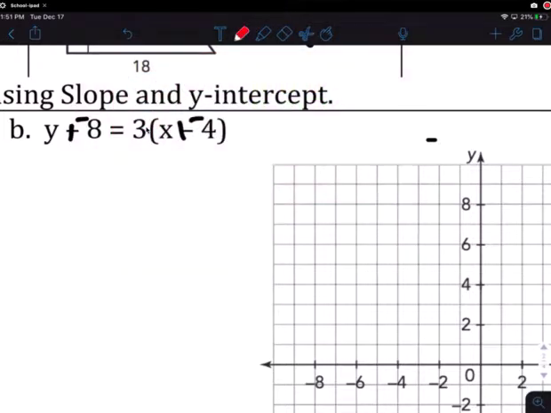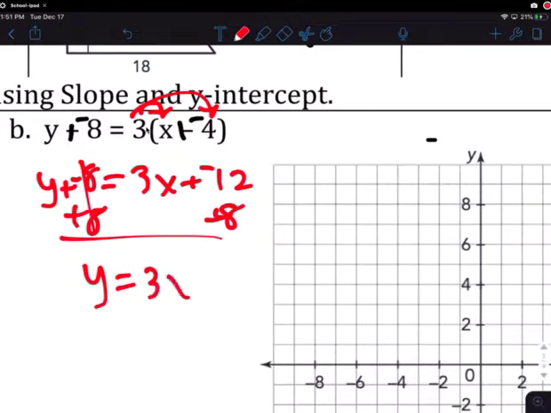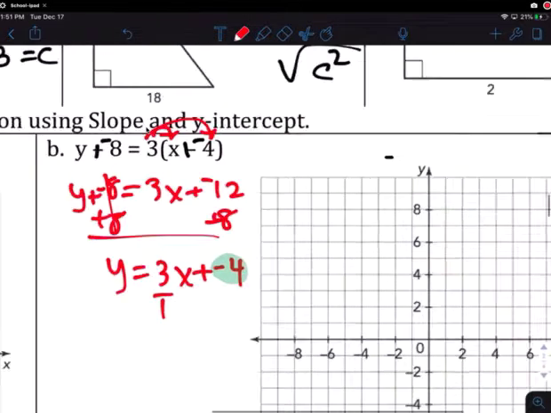Distribute, 3x plus negative 12. So you're graphing y equals 3x plus a negative 4. The y-intercept is negative 4. The slope is 3 up, 3 over 1.